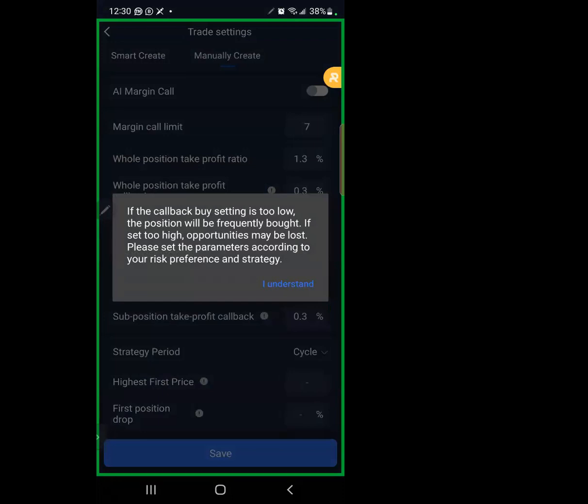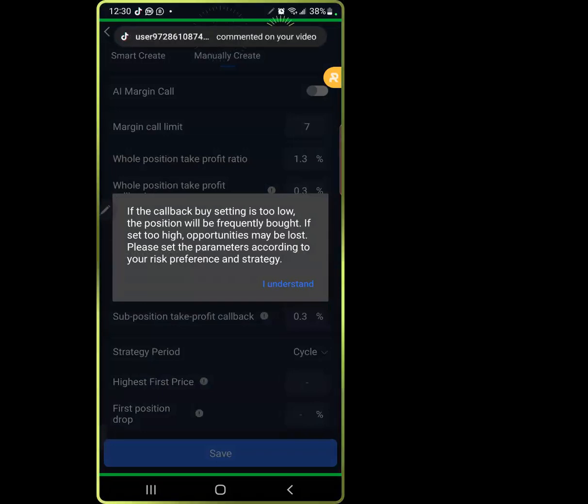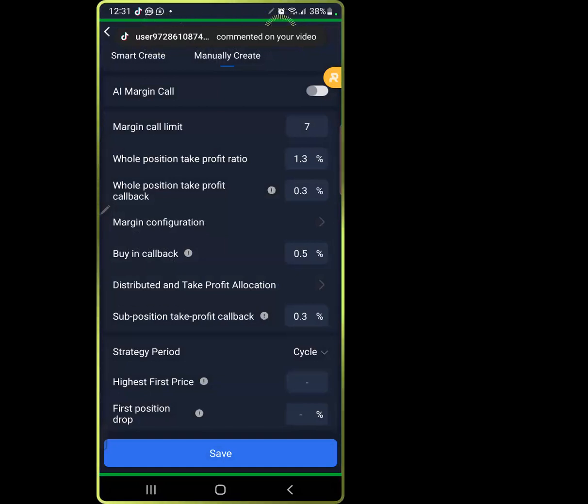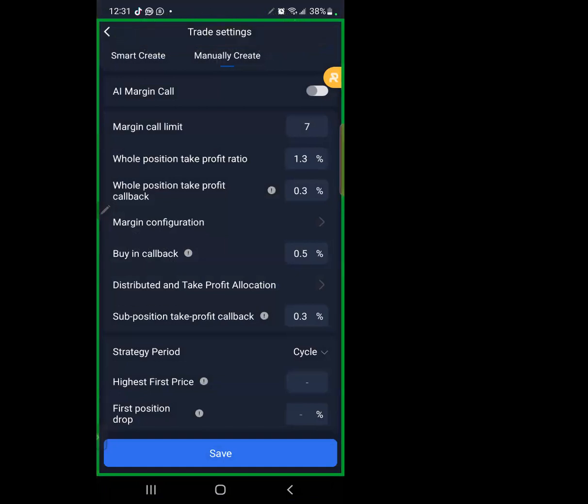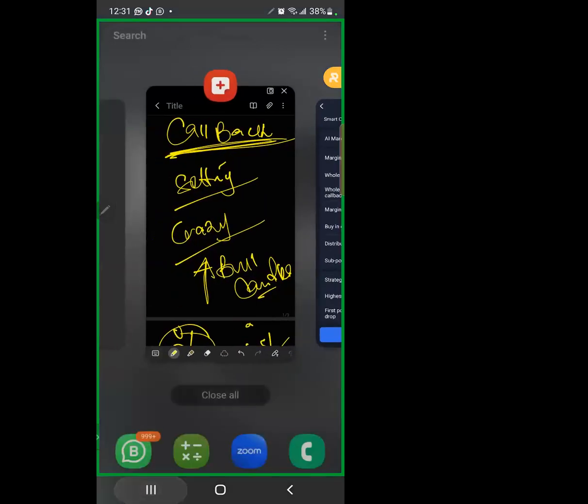If set too high, opportunities may be lost. Please set the parameters according to your risk preference and strategy. What does this mean? The robot is saying that if you set the buy-in callback too high, opportunities may be lost. But if you set it too low, the strategy will be bought frequently. This is what it means.